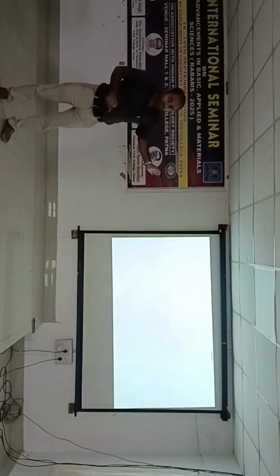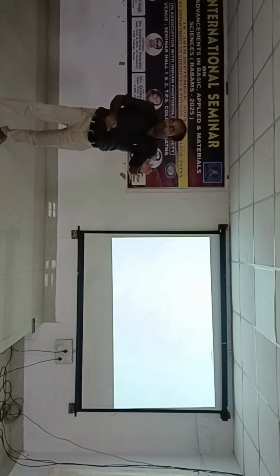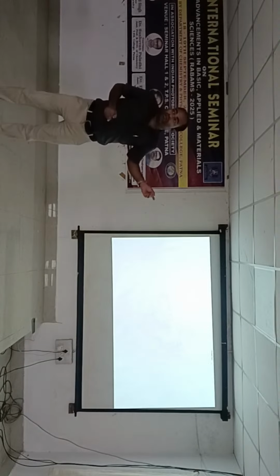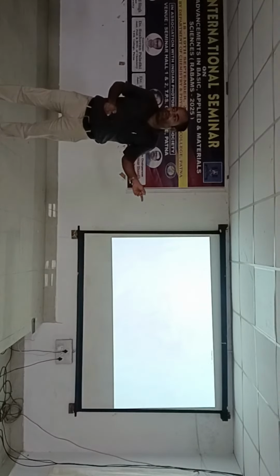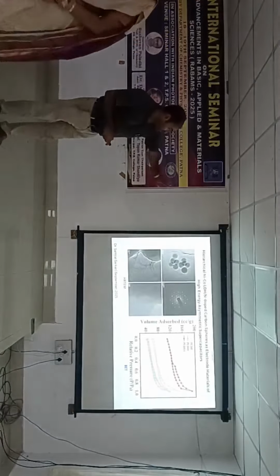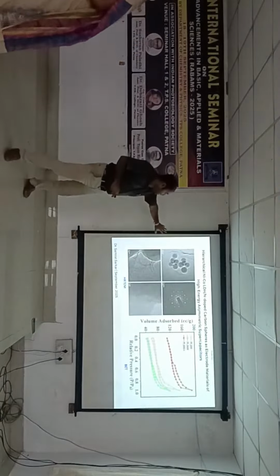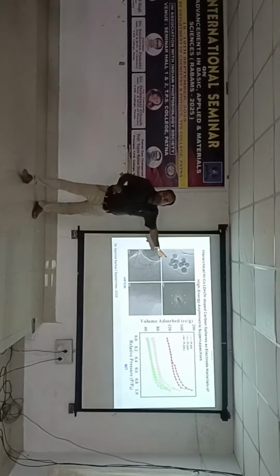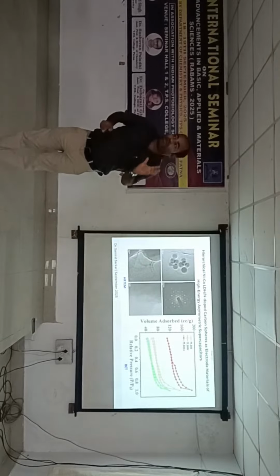Now this slide, I don't know, it is not working here. This was the characterization. There it was showing the XRD, the FESEM and the BET surface area. But it is okay. These are the same images and we can see the carbon sphere. The formed carbon sphere is hollow.